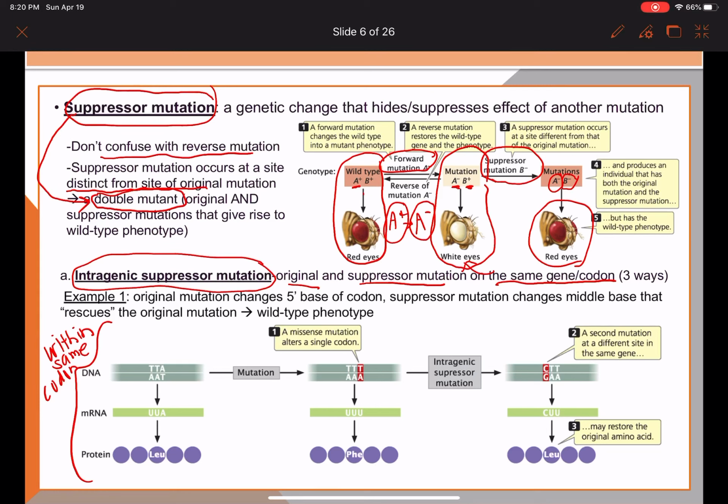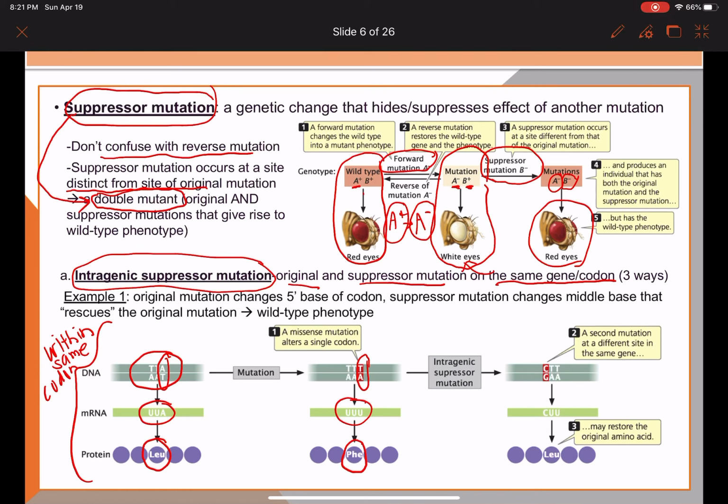For example, you have your original wild type sequence here that makes this particular mRNA, and then it encodes for leucine. You have a missense mutation, a base substitution, which changes your AT here to TA instead. Now for mRNA, you have UUU instead, and now you are encoding for phenylalanine instead of leucine.